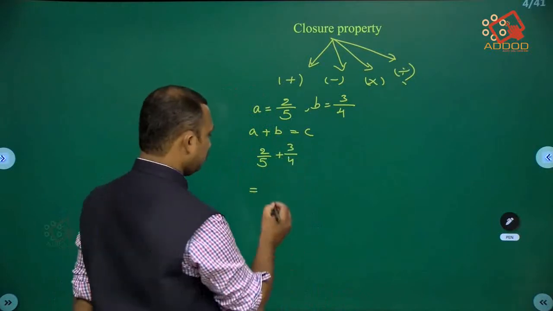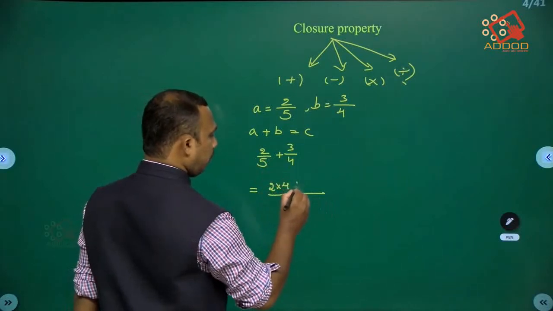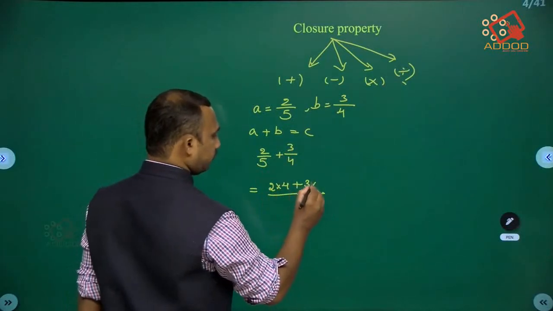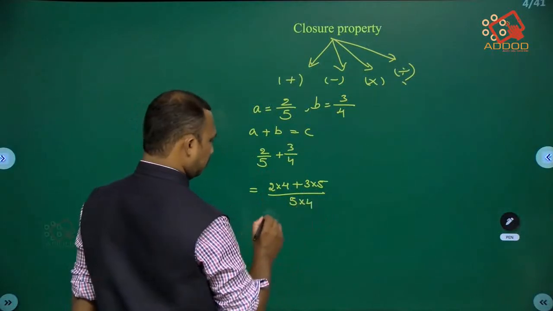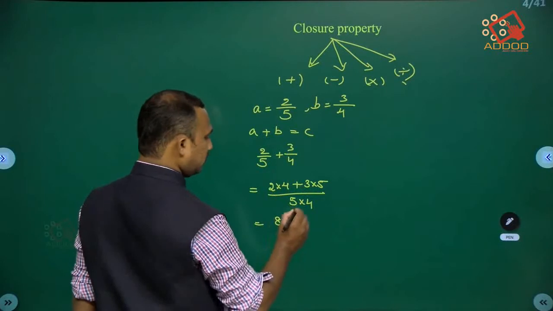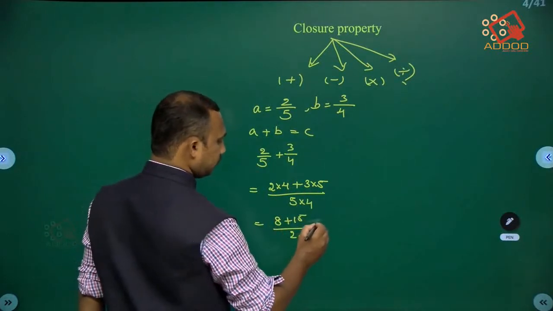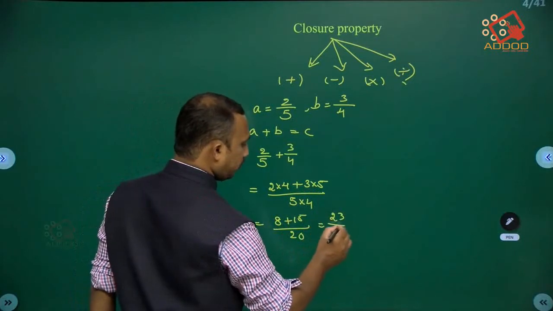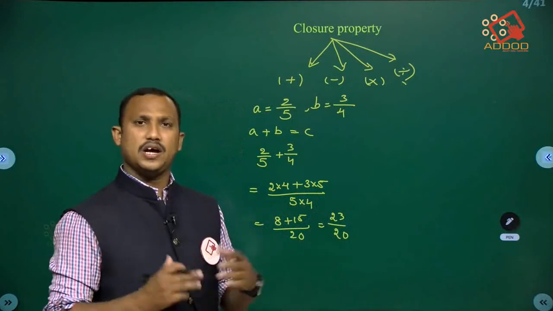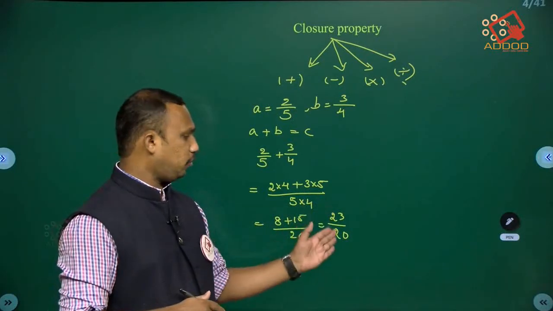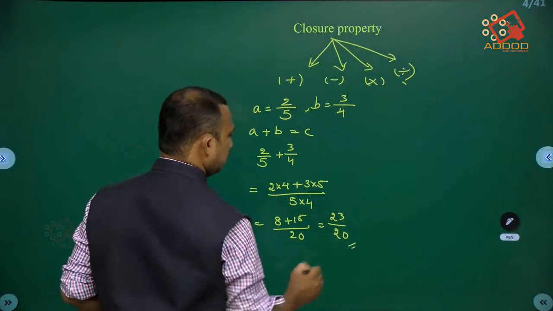How much will you get? Cross multiplication: 2 into 4 plus 3 into 5 by 5 into 4. 2 4s are 8, 8 plus 3 5s are 15, by 5 4s are 20. 23 by 20. So what type of number is 23 by 20? Rational number. Yes, both are integers only. So this answer is correct.